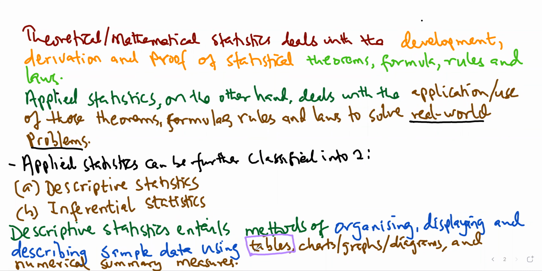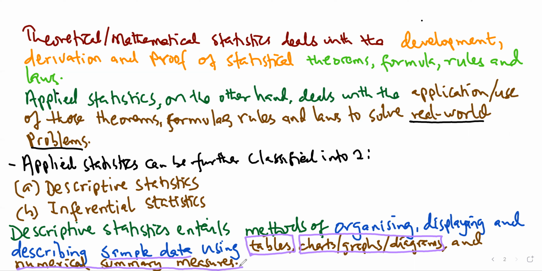Later on, I'll be explaining what is sample data, but it is important for you to note that in descriptive statistics, we work with sample information or sample data. So that data can be summarized using tables, or you can use charts or graphs or diagrams. And finally, you can summarize the same data using numerical values or numerical summary measures.